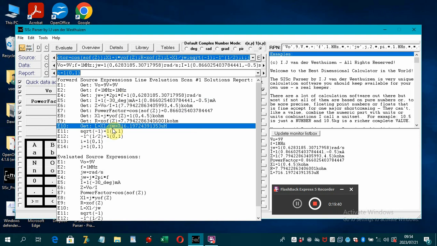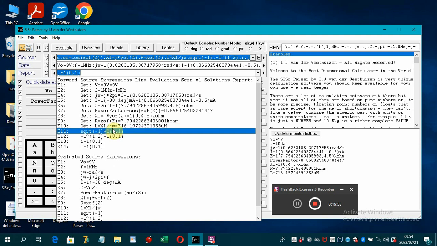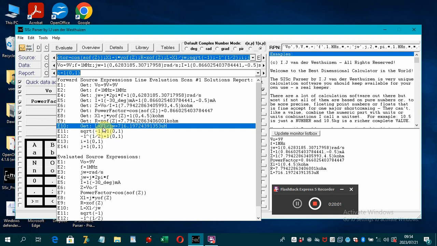You see XL is j2 pi f L. 2 pi frequency is jw, so j2 pi frequency is jw, and L is your coil value. But if you reverse it and change the subject of the formula, L is equal to XL divided by jw.